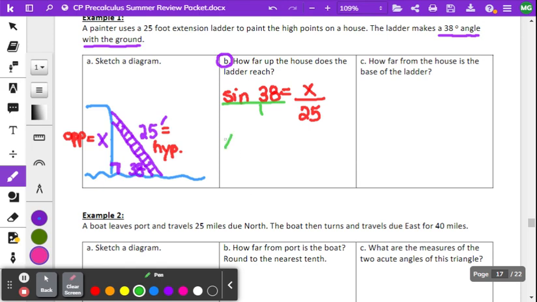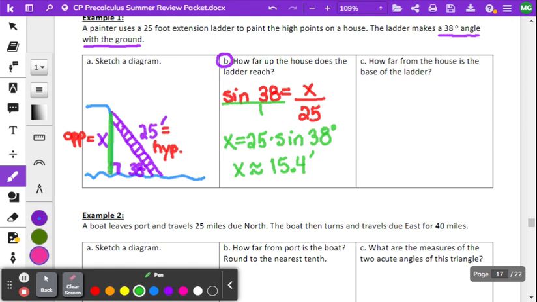And what we get is x equals 25 times the sine of 38. And you're just going to drop that in your calculator and we will estimate the answer. What you should get in your calculator, and please make sure you do it, is that the ladder reaches 15.4 feet up the side of the house. So this right here is 15.4 feet.